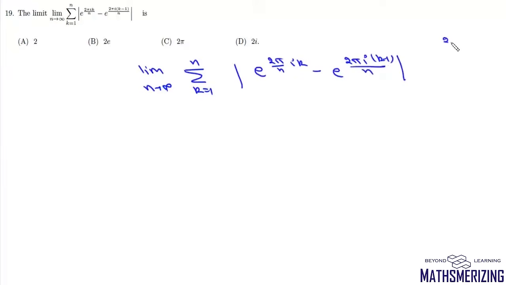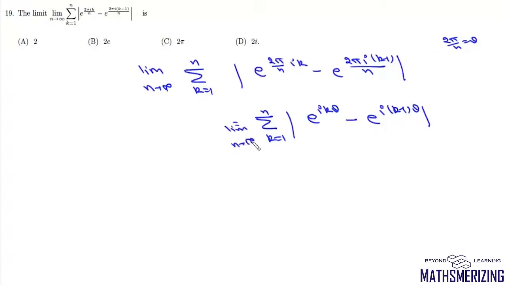Now for the sake of brevity, we'll write 2 pi by n as theta. So we can write this as summation e^(i k theta) minus e^(i (k-1) theta), where k varies from 1 to n and n tends to infinity. Now here we'll take e^(i (k-1) theta) common.